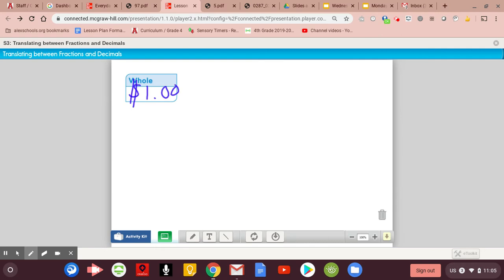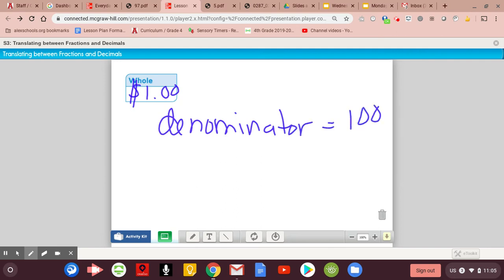Which means that your denominator will always be 100. So I'm going to write a little note in here too: denominator is going to be 100. That will be a good reminder for you because that 100 equals $1. 100 ones or 100 pennies will equal $1.